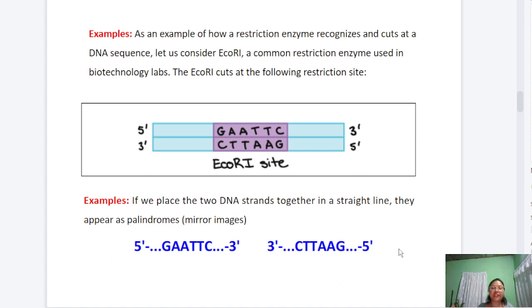It's like when you look at yourself in the mirror, you see your right to be the left and left to be the right. You are just the mirror image or the opposite of one another. Similarly is the case of these palindrome sequences. So whenever we talk about palindrome sequences, I hope you'll remember from now onwards that they are the mirror images of one another.